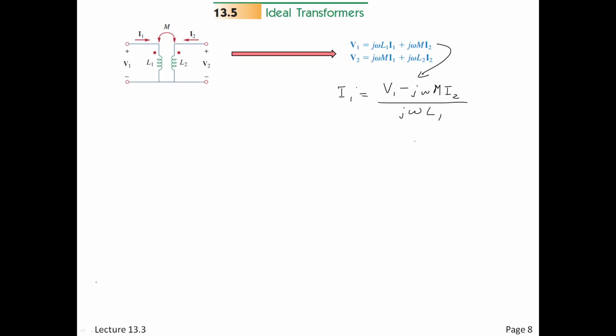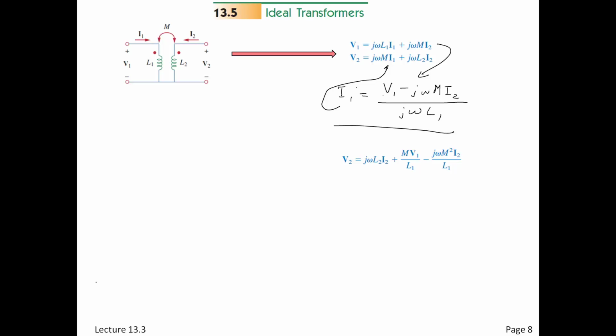Okay, and now take this result, I'm going to do what I usually do and put it back in for that guy, right? I'm going to get this. Okay, so here let's just check all the terms. We've got V2 is equal to j omega M times this. So here's our j omega, canceling that j omega, and M over L1.